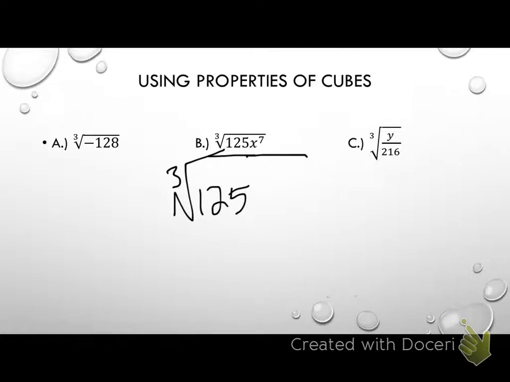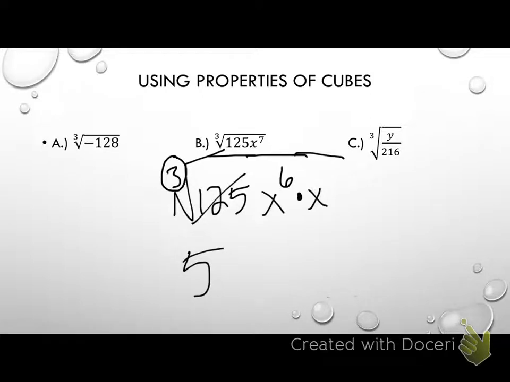I want an exponent that is a multiple of 3, because then I would be able to take the cube root of it. The multiple of 3 right under 7 is 6. So I could break it down into x to the 6th times x. Now the cube root of 125 gives me 5, so I can take that out of the radical.